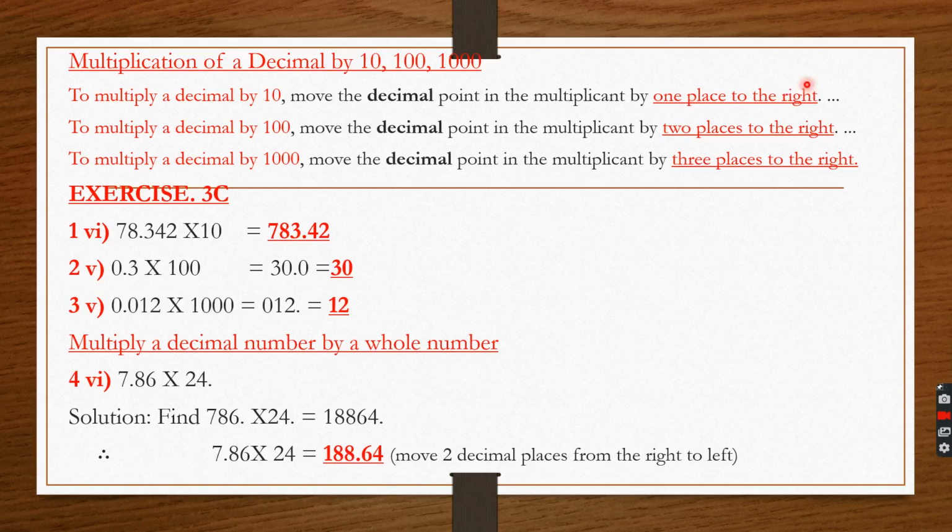One place to the right. When you are multiplying with 100, there are 2 zeros, so move the decimal point 2 times to the right. When you are multiplying with 1000, move the decimal 3 times to the right. Therefore, it will become 12. How many zeros are there? Accordingly, move the decimal place.